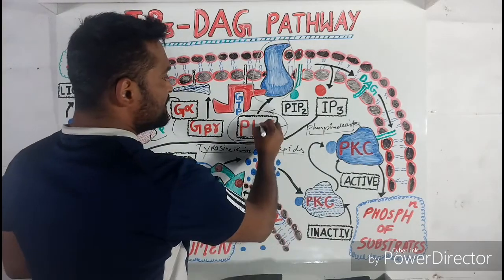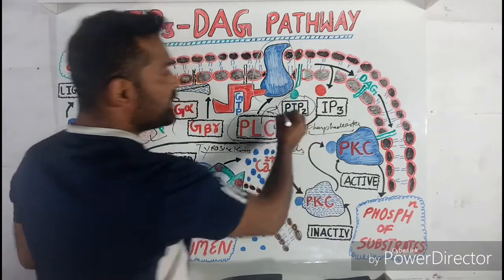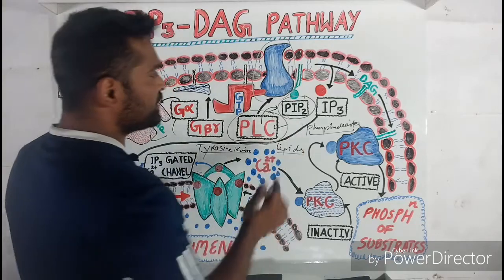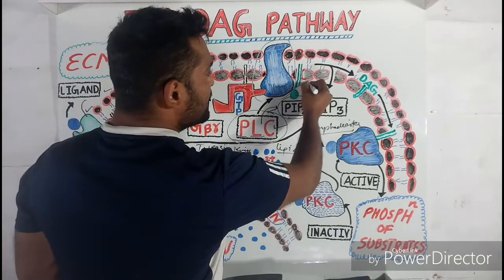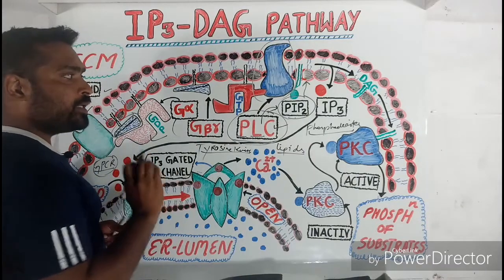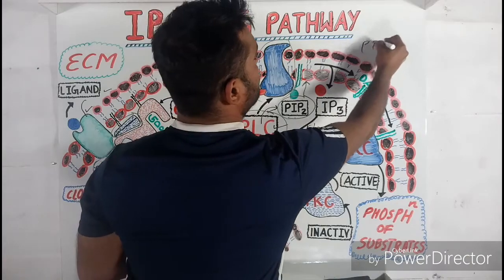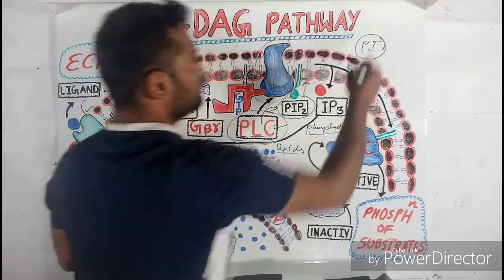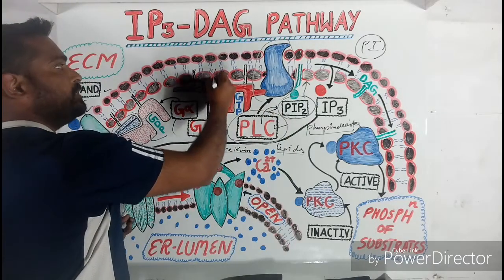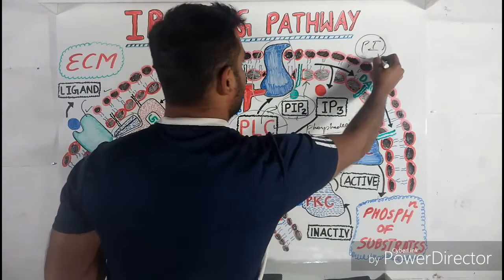Here this enzyme is acting on PIP2. This is phosphatidylinositol bisphosphate, which is embedded into the cell membrane. This is a derivative of a very important molecule known as PI, phosphatidylinositol, and this molecule is always present in the cytosolic leaflet of the plasma membrane. So we get this PIP2 from PI.